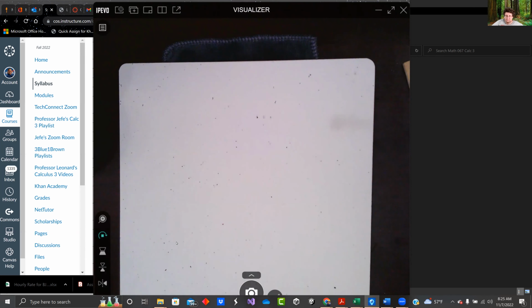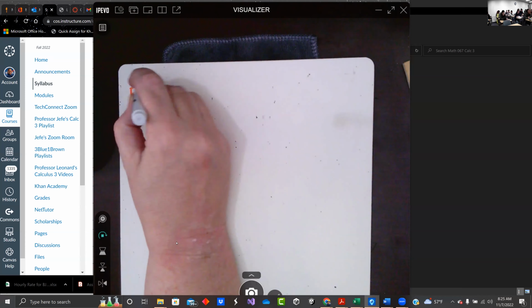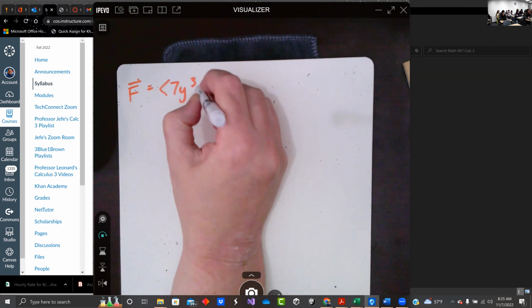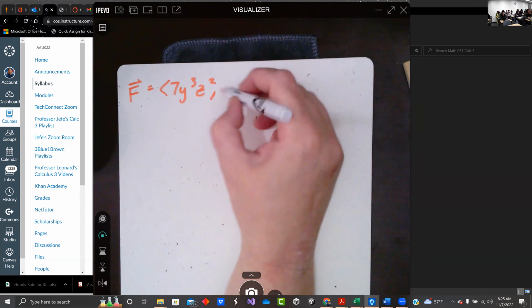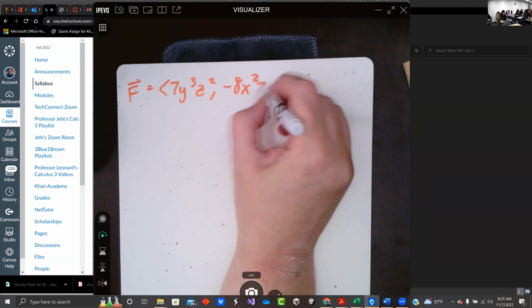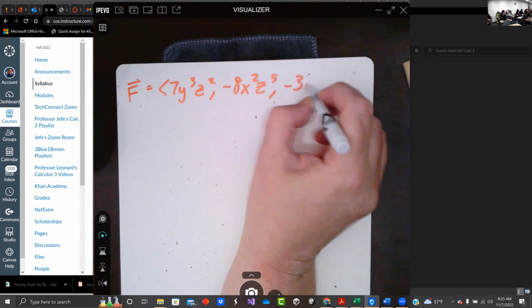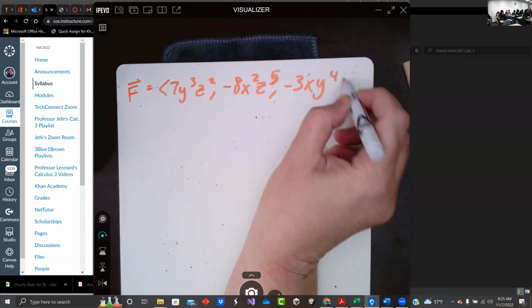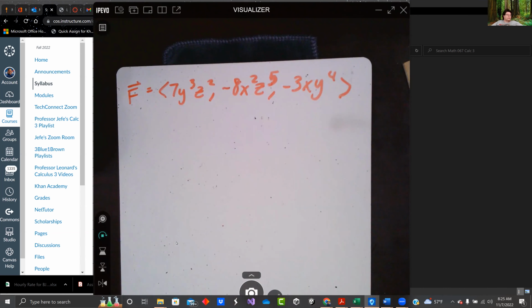Let me rewrite the problem, rewrite the vector field. And now we're going to take a look at the curl here.